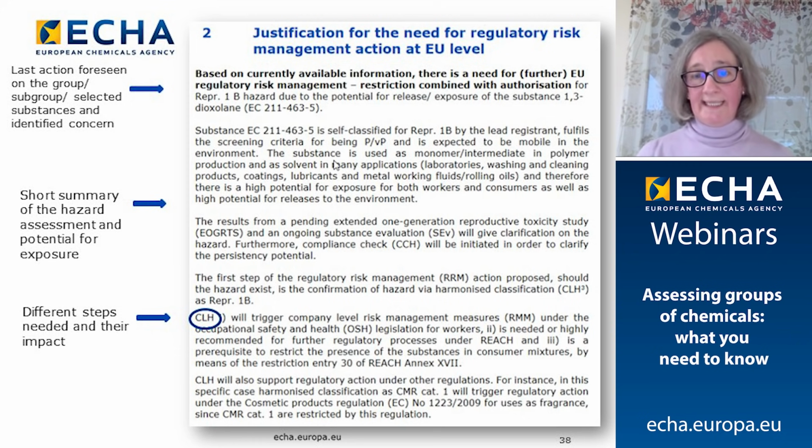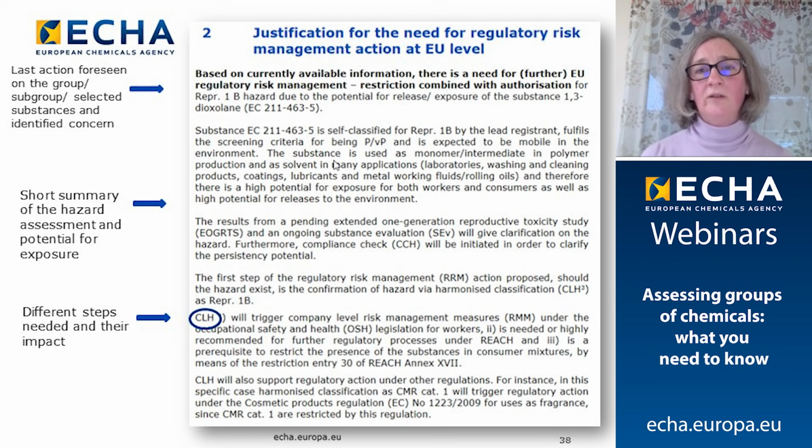What you will see then is some more information to understand the basis of our reflection, and why and how we justify this action. First, a short summary of the hazard assessment and the potential for exposure will be provided, so that you have some idea how we came up with the need for action.